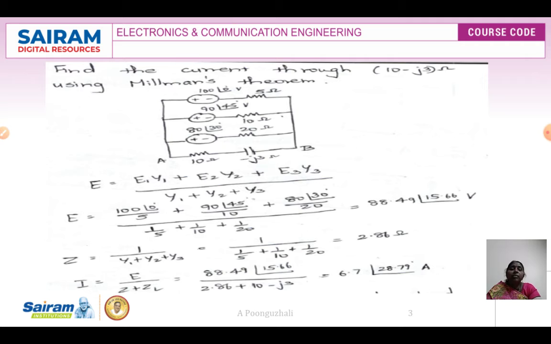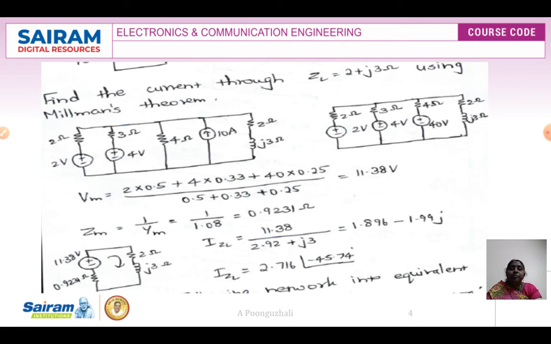E is 88.49 phase angle 15.66, and Z is 2.86 plus the load impedance 10 minus j3. Add these two to get a rectangular form, convert it to polar form, then do the division. The current is 6.7 phase angle 28.79 amps.